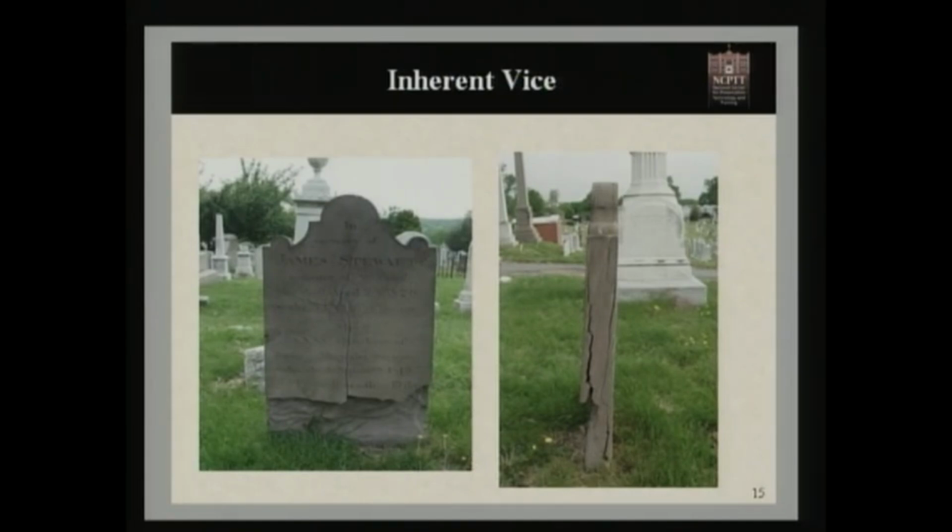The slate is made in a sedimentary process, and it has bedding planes. If you look on the right, you see the distinct lines or bedding planes of the stone. When moisture gets into those bedding planes, there are often clays associated with those planes. The clays will expand. As they expand, they literally push those planes apart, and you can have surface loss, as we've seen here.